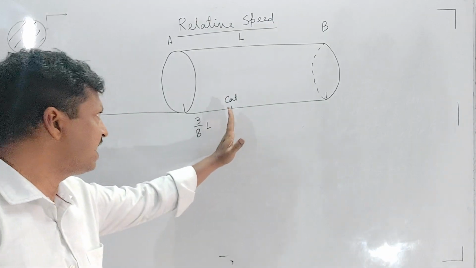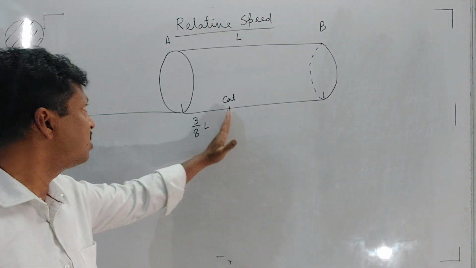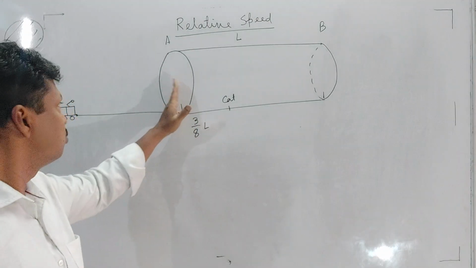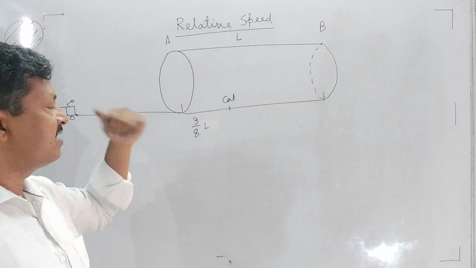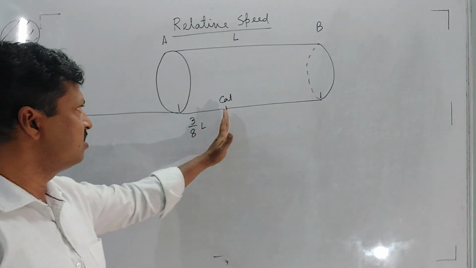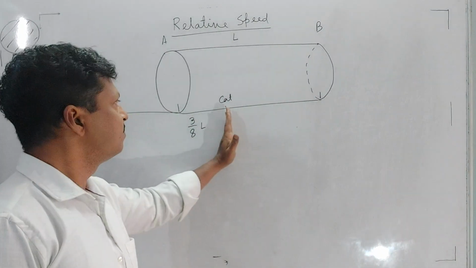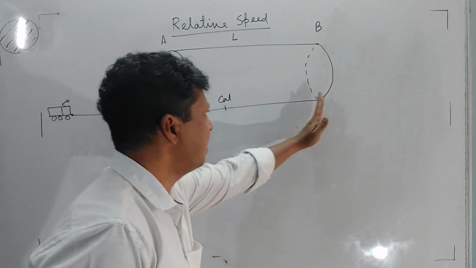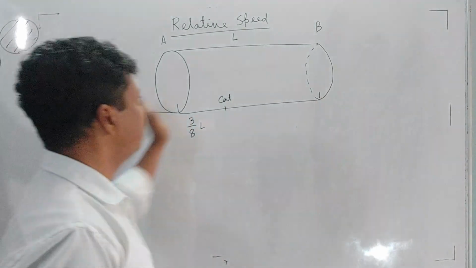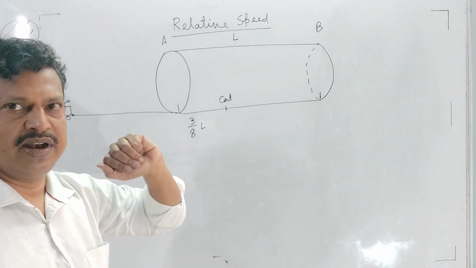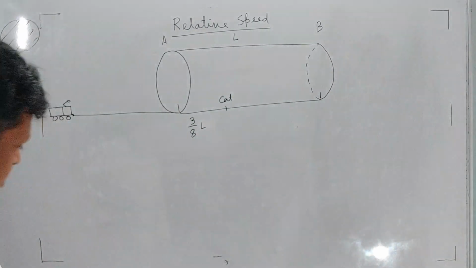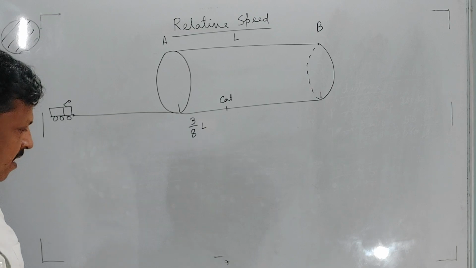It says that if the cat runs towards the entrance of the tunnel, the train and the cat meet exactly at the entrance of the tunnel. And the second case says, after hearing the whistle, if the cat runs towards the exit of the tunnel, then the train and the cat meet exactly at the exit of the tunnel. All right. Now, please understand this way.